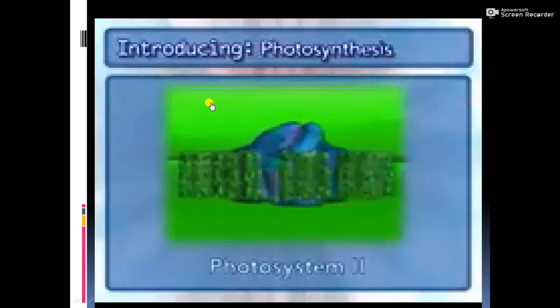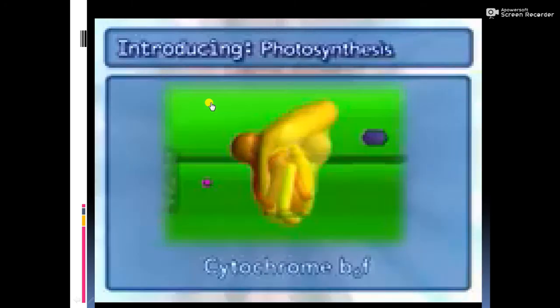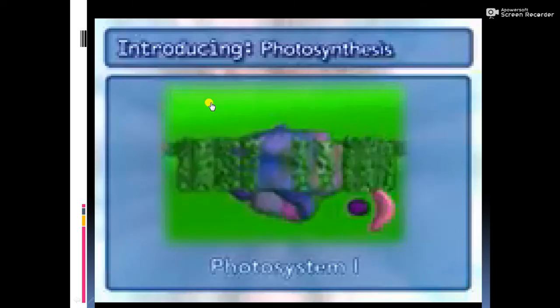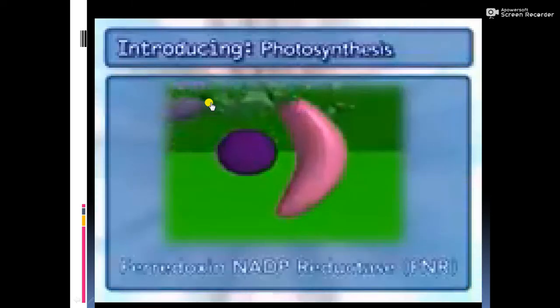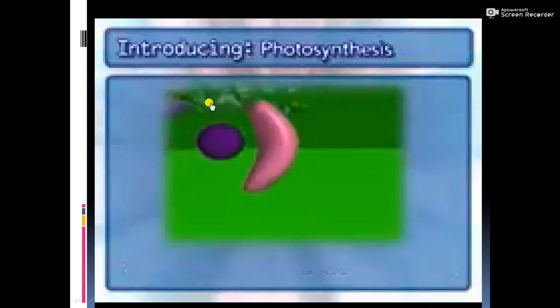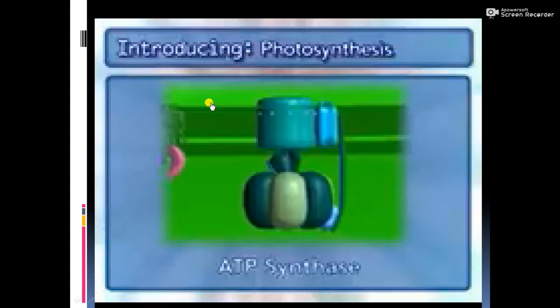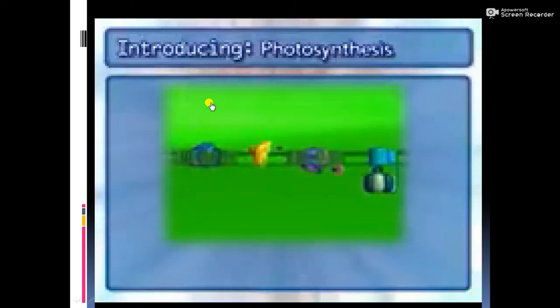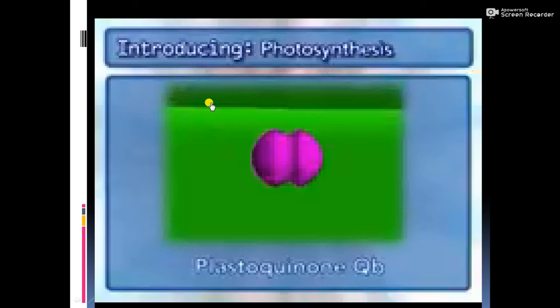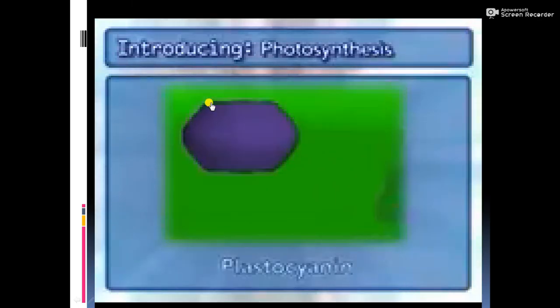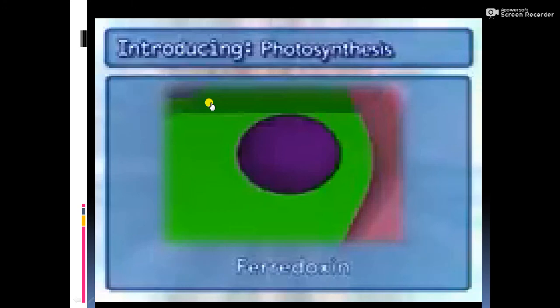Photosystem 2, cytochrome b6f, photosystem 1, ferredoxin NADP reductase, and the complex that makes ATP, ATP synthase. In addition to the complexes, 3 mobile carriers are also involved: plastoquinone QB, plastocyanin, and ferredoxin.